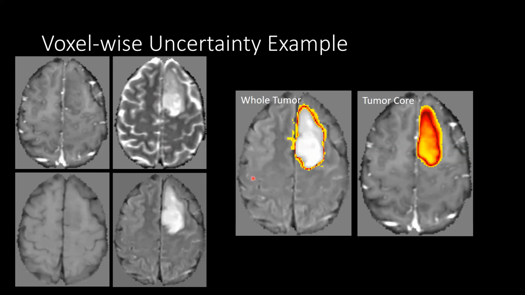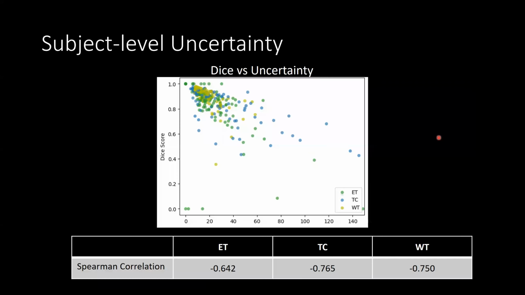Looking at the voxel-wise uncertainty that our model is outputting, we can see limited uncertainty for whole tumor, really only present along the borders, which is what we expect. And this implies good segmentation performance. Conversely, we note a large amount of uncertainty present for tumor core segmentation, clearly indicating the difficulty of the underlying task.